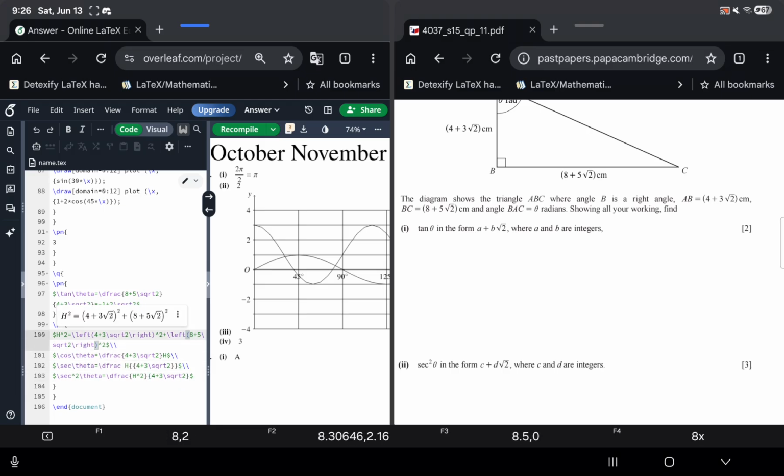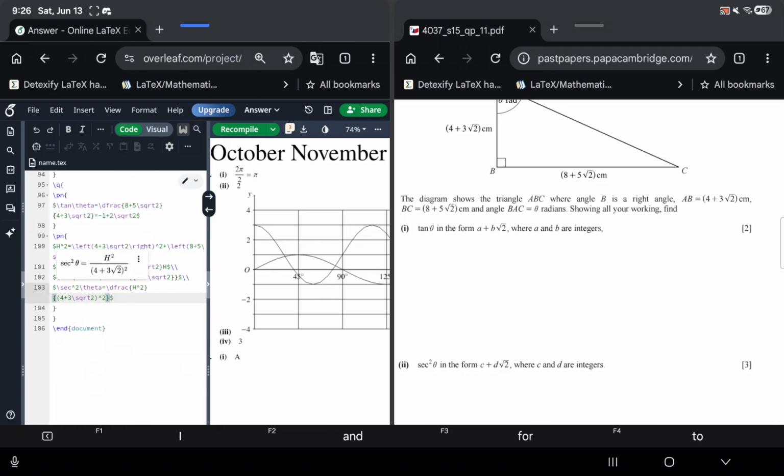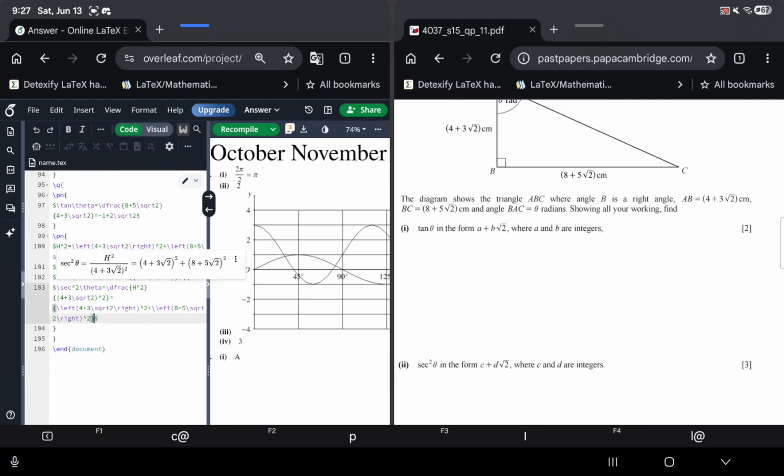And we get this squared. Nice. We can simplify this like billions of times. Now h squared is equal to this above over this below.